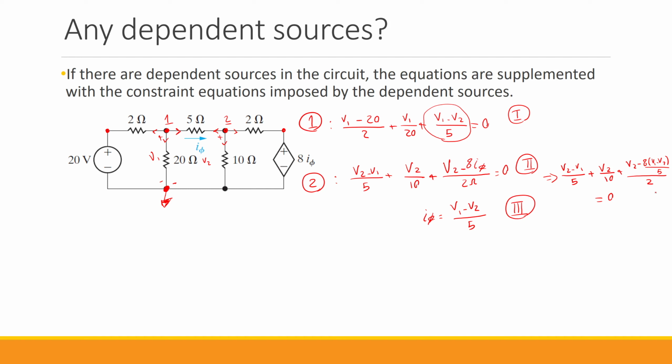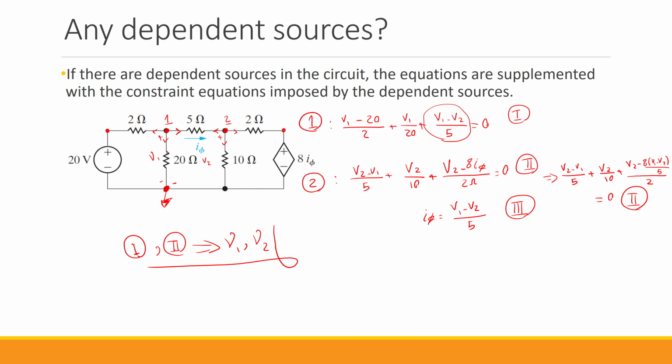So that is the updated second equation. Now using equations 1 and 2, we can find the values for V1 and V2. I highly suggest you do the calculation yourself. You can refer to the textbook too to find out the final values for V1 and V2.